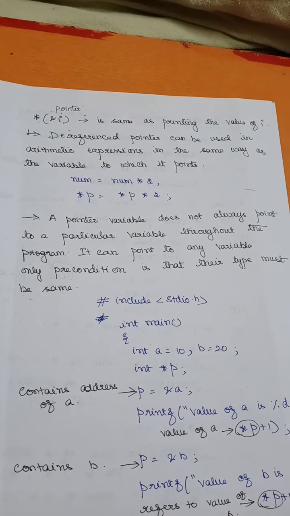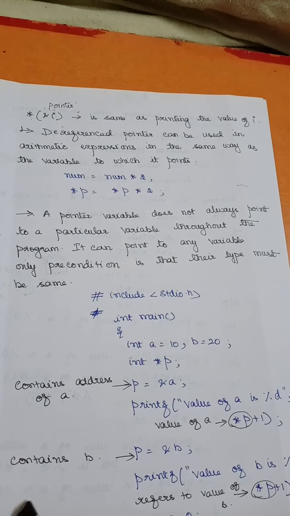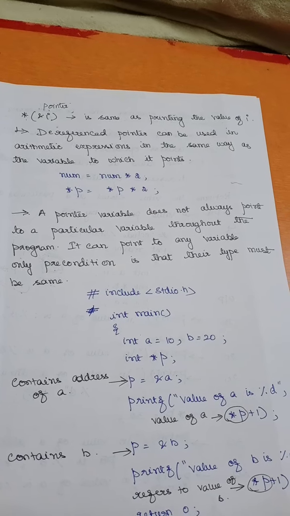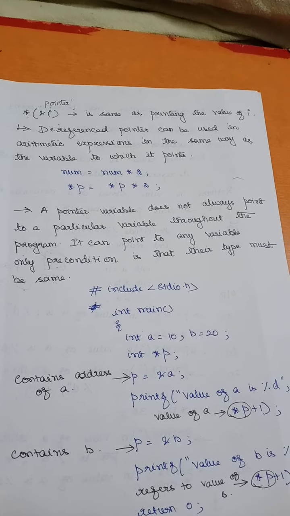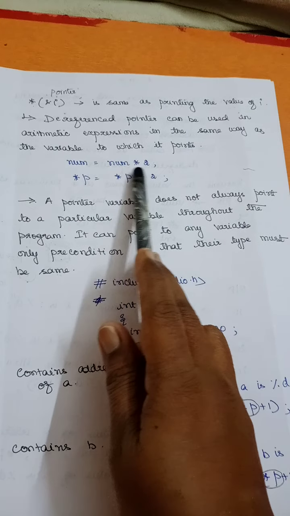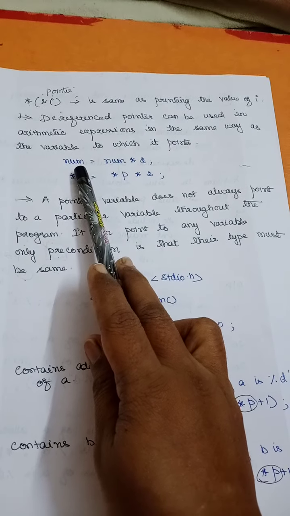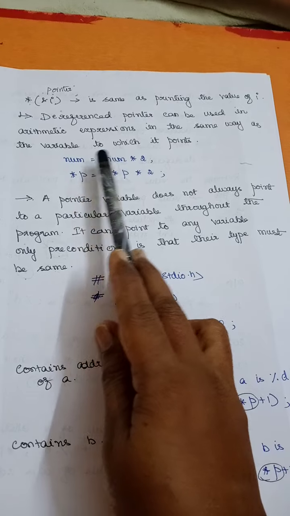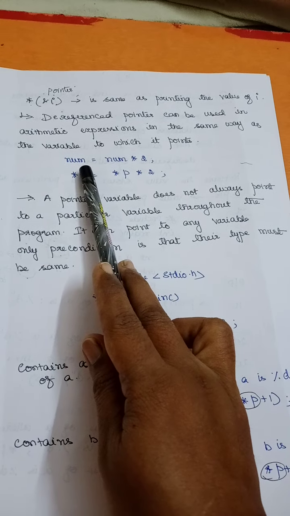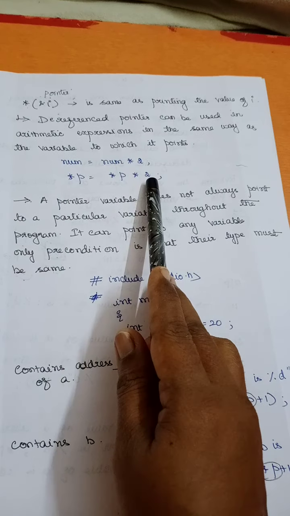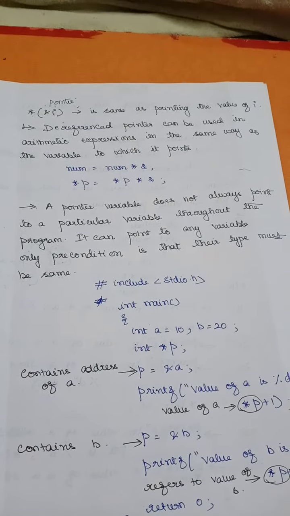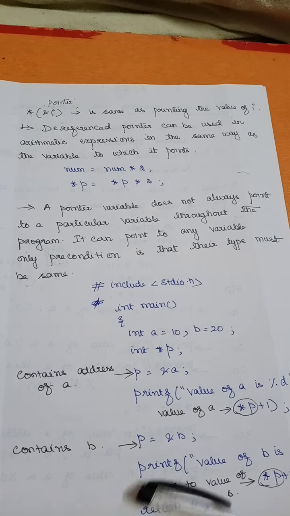What is the use of this dereference operator? With dereference I can use it in my arithmetic operations. For example, if I write num equal to num star 2, what is the meaning of this? If num is 5, then 5 into 2 is 10. Similarly, I can use pointers like this.